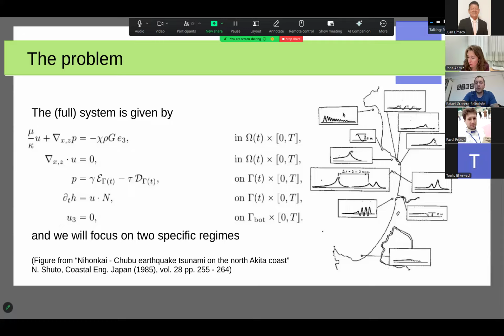Here you see rapid oscillation. Here you just see a single peak. So this is what I mean by different physical regimes.